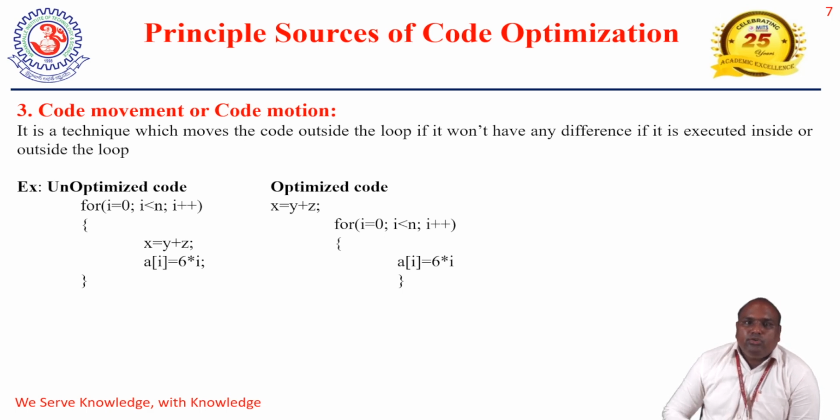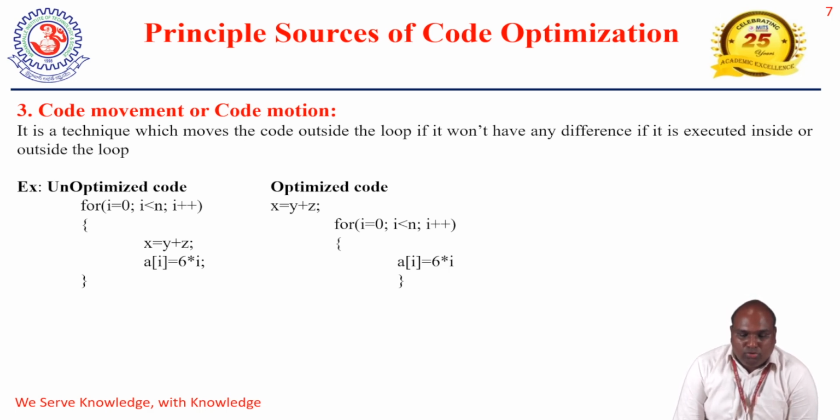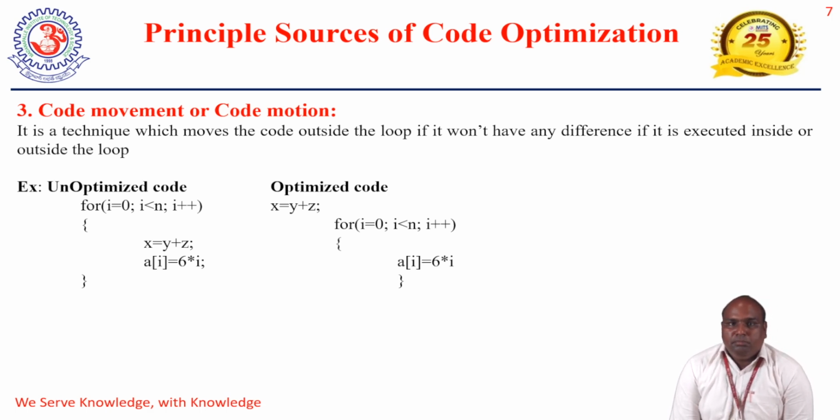If you take n equal to 100, this x equal to y plus z will execute 100 times. There is no use in executing it 100 times. Instead, if you keep x equal to y plus z outside the loop, it will execute only one time. Because of that, the compile time automatically reduces.